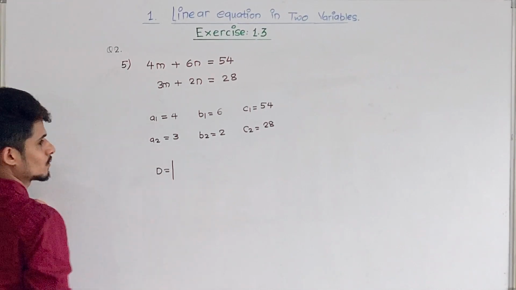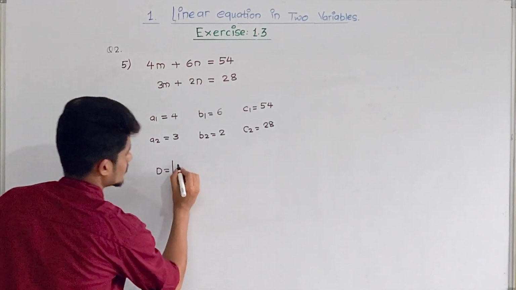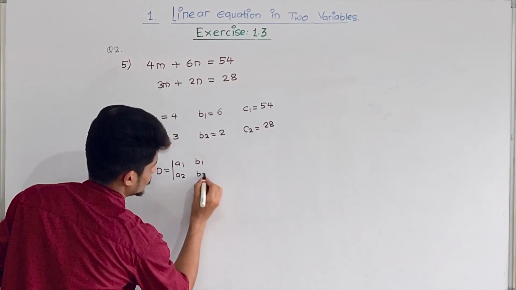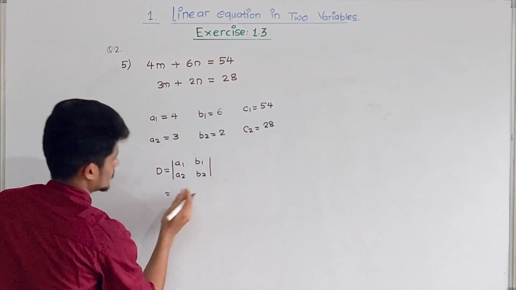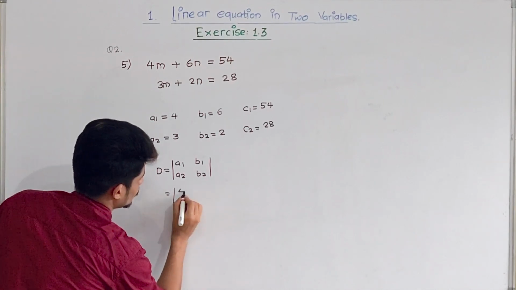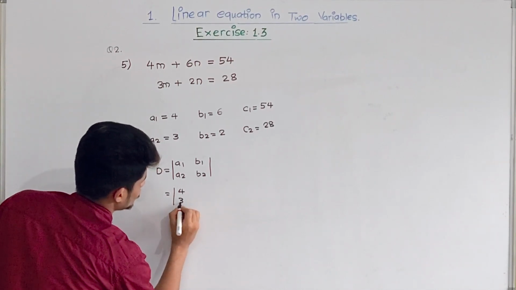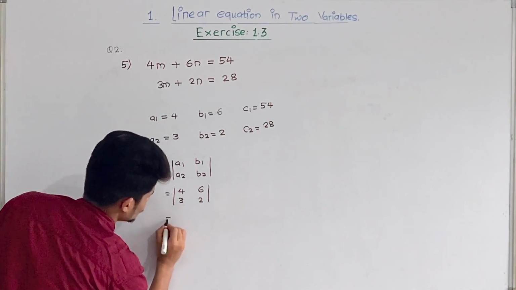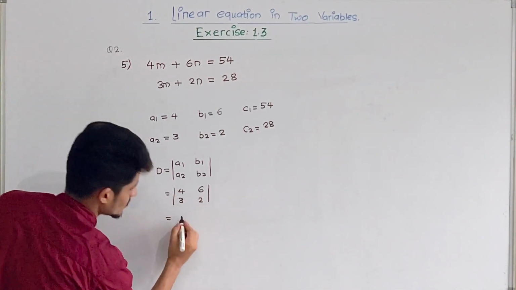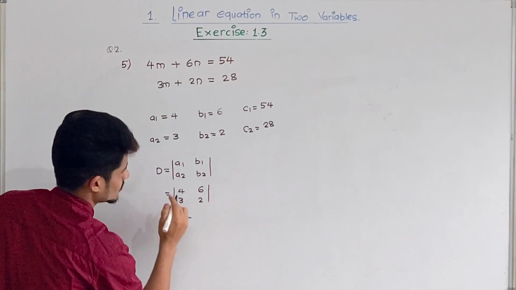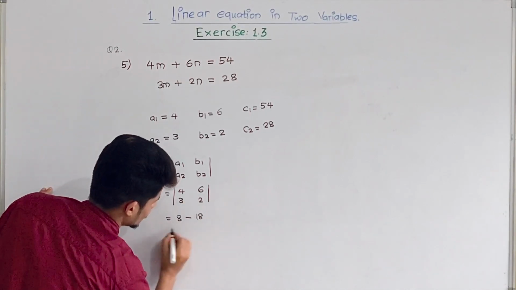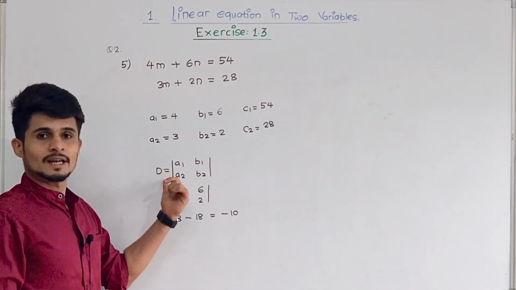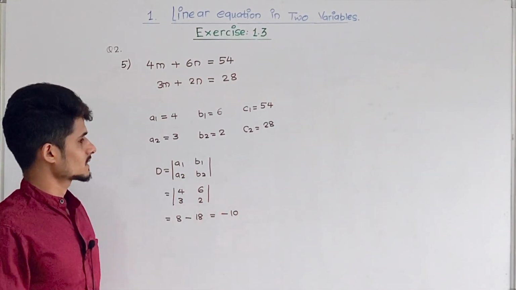That is d is equal to a1, a2, b1, b2. Substitute the values. a1 is 4, a2 is 3, b1 is 6, b2 is 2. Cross multiply and subtract. 4 2s are 8 minus 6 3s are 18. 8 minus 18 is minus 10. So the value of determinant is minus 10.